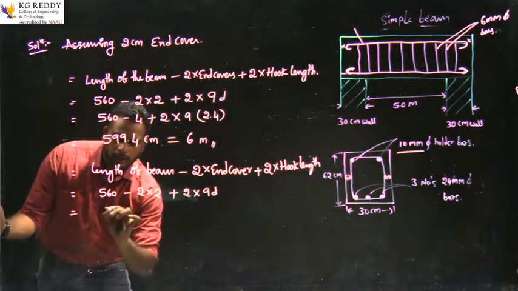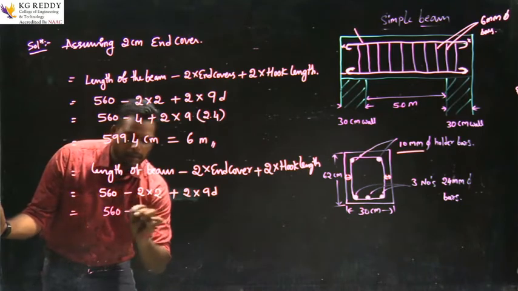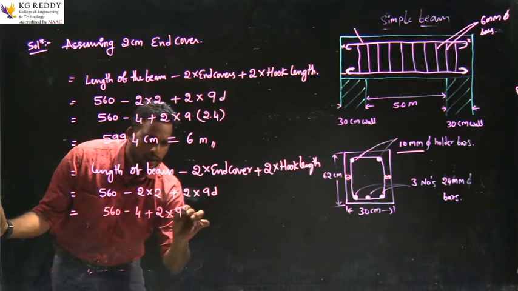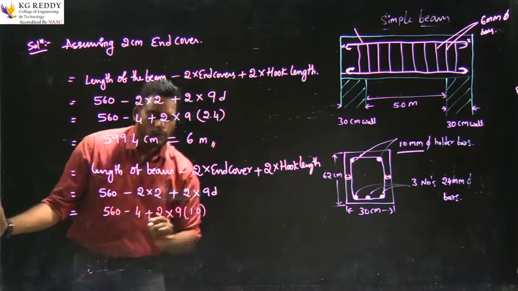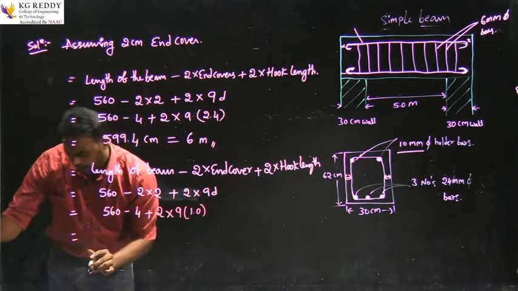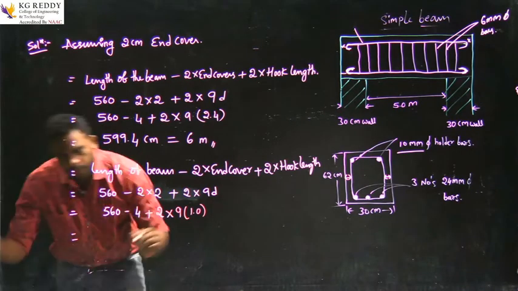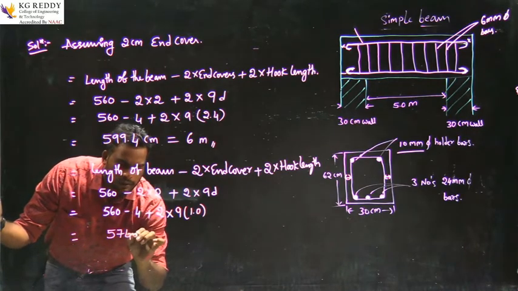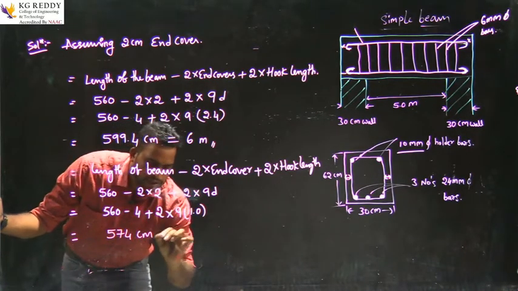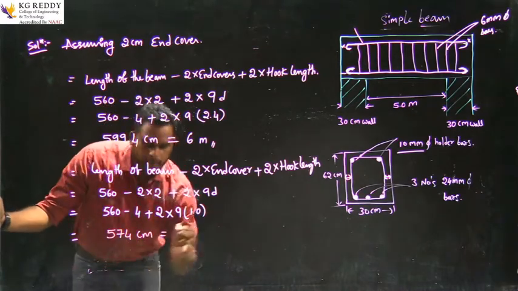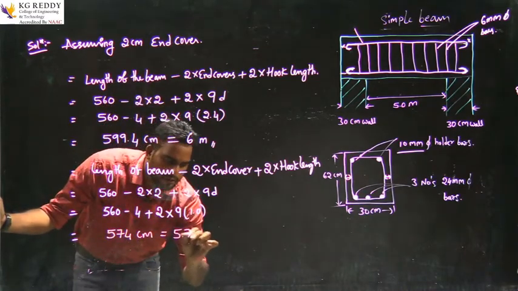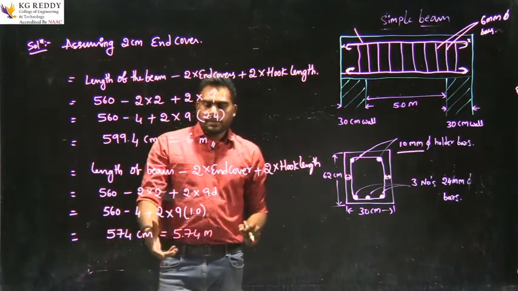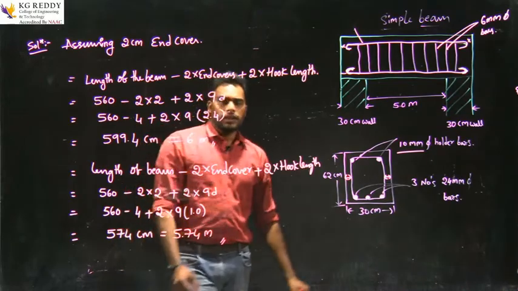So that is 560 minus 4 plus 2 into 9 into 1. By calculating this, we'll get 574 centimeters. So we need to convert into meters, that is 5.74 meters. So this is the length of the holder bar.